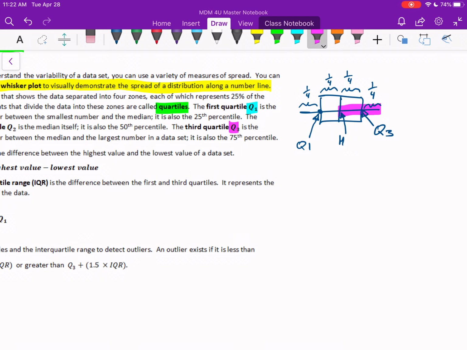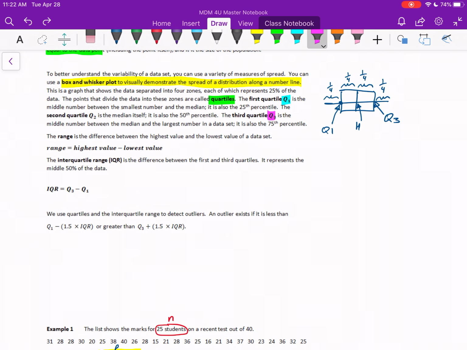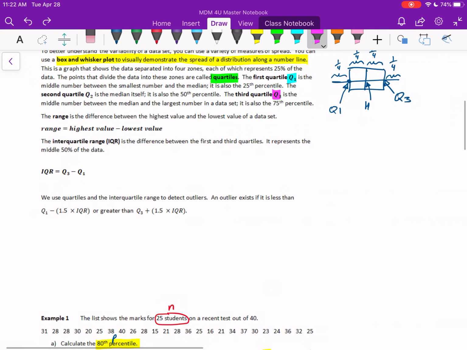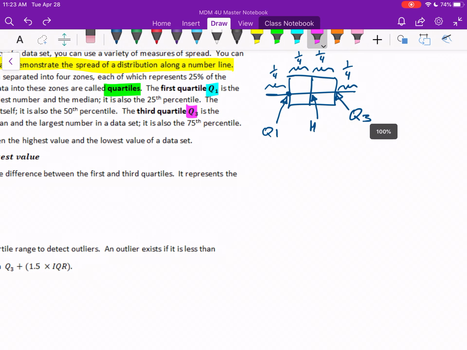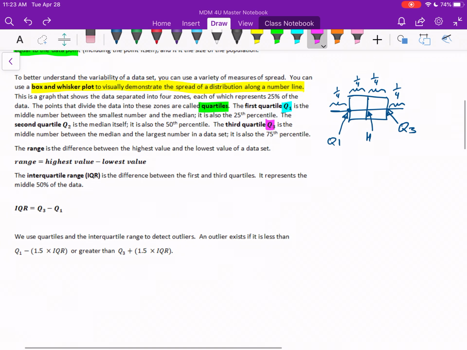All right, so that's how it divides it up. If I think of Q3 as a percentile, it's 3/4 of the way along, which would be 75%. Q1, thought of as a percentile, is 1/4 of the way along, that would be 25%.